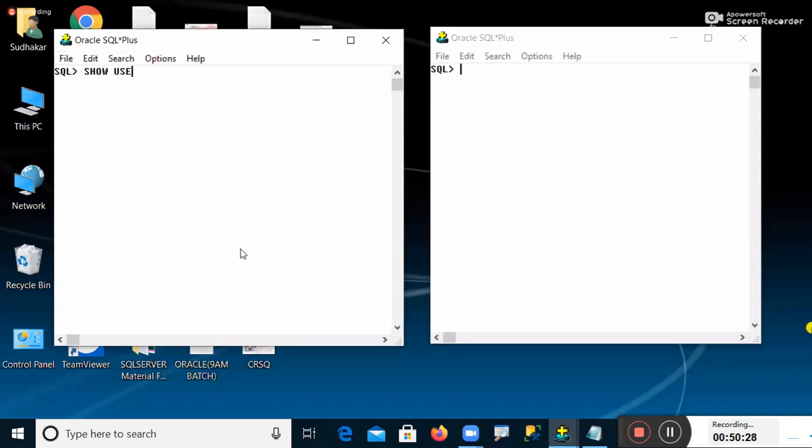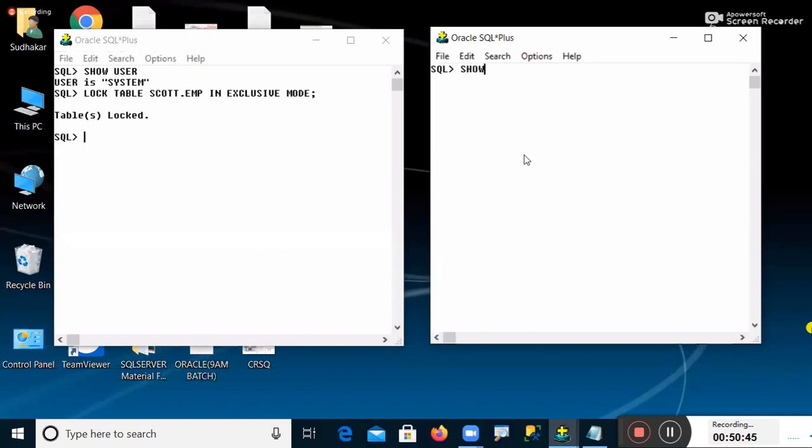Now again, one of the users, system, is locking the table: lock table spot.emp in exclusive mode. Okay, he is done. But on the same table, let you see, show user, he is also locking table emp in exclusive mode.